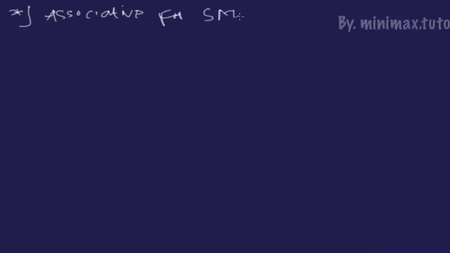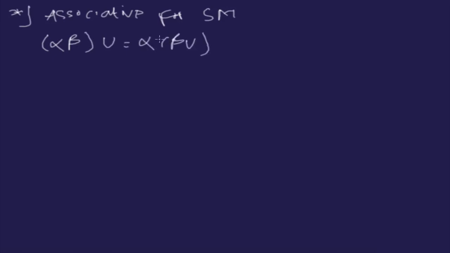For scalar multiplication, it says that alpha times beta in the bracket times u will be the same as alpha beta u. This is the associative property for scalar multiplication. So we only need to prove this.